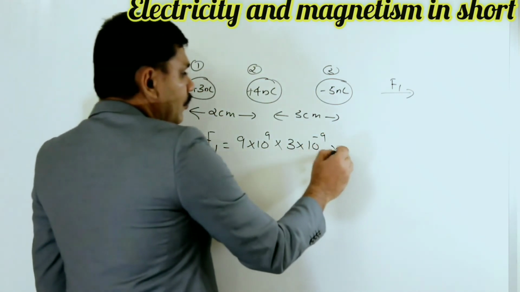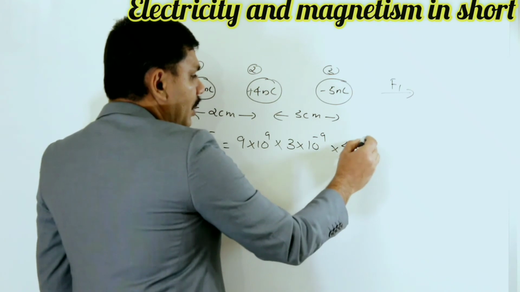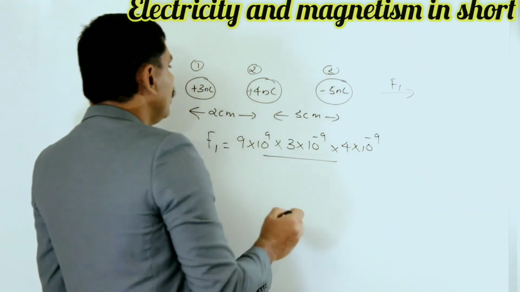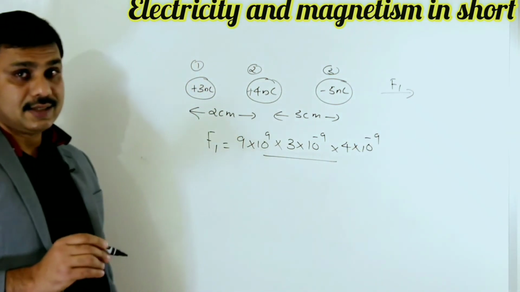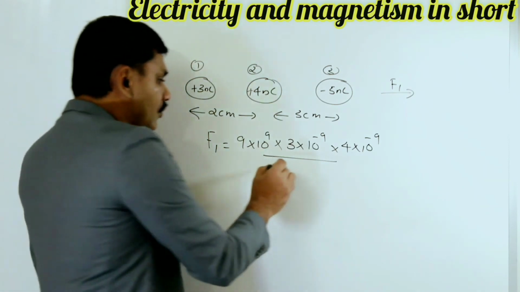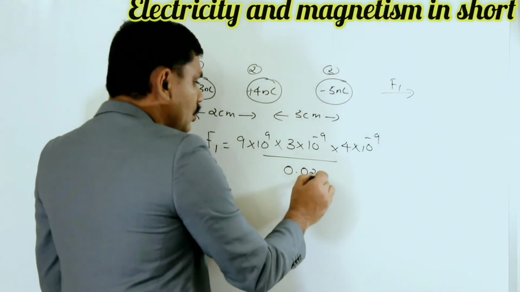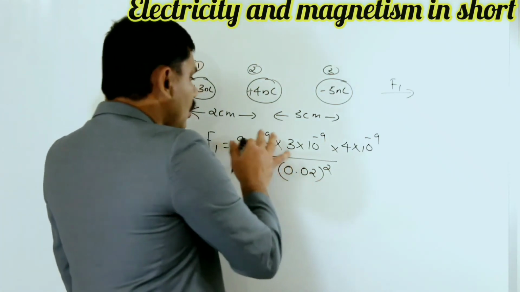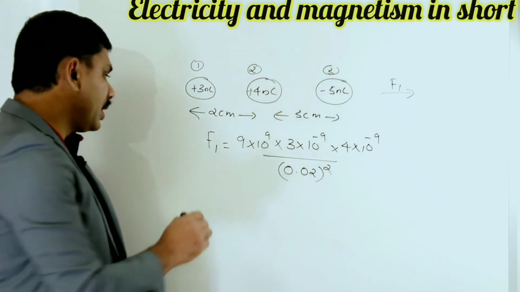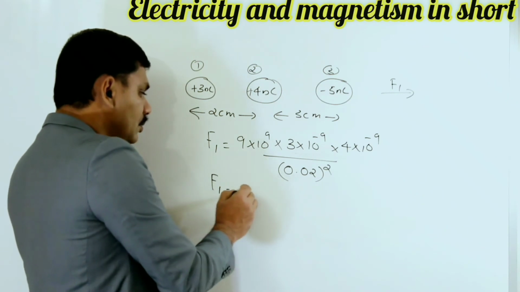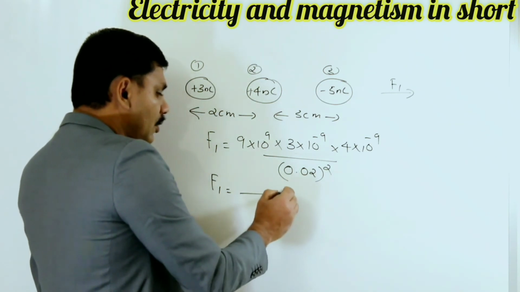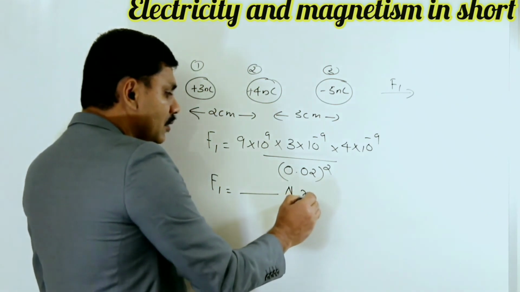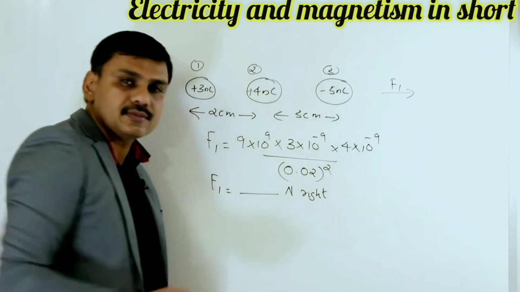4 nanocoulomb, 4 multiplied by 10 to the power minus 9, divided by the distance. Distance is 2 centimeter. Convert into meter, 0.02 meter, this square. So if you solve this, you will get a force. F1 equal to, you will get a value, that value will be in Newton, and it will be towards right.